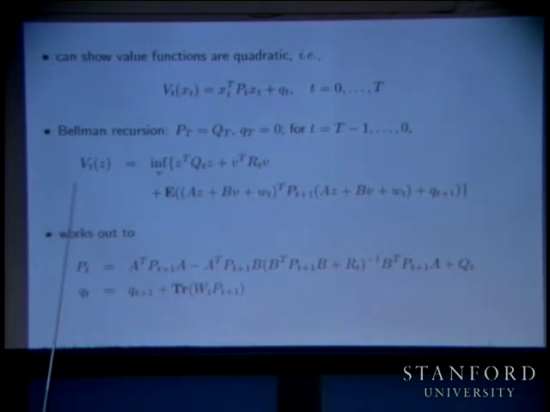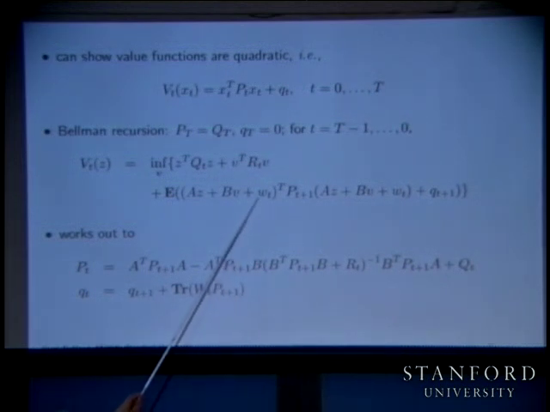And then V_t, you have a backward recursion from here. This thing is V_{t+1} of Az plus Bv plus w. That's what this thing is. Now, when you work this out, it's quite easy to do here because lots of things are zero mean.